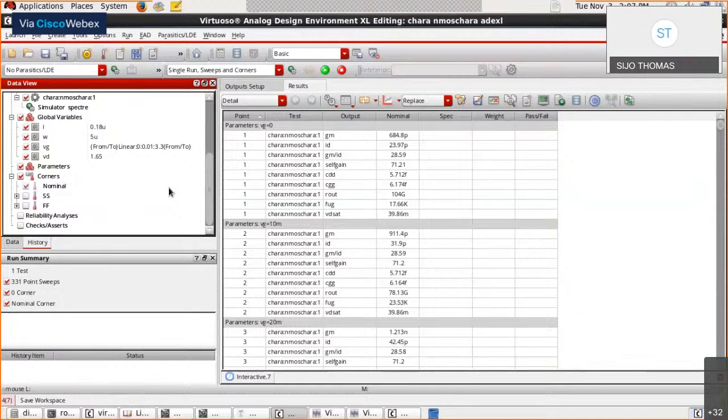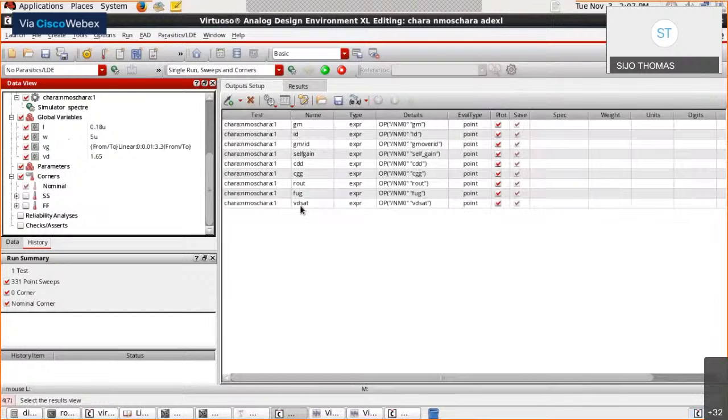So if you look at the output setup, Naveen, can you click on that output setup? Just to the left of results, and on the right top, just next to the result. Yeah, so these are the DC operating point parameters which I am plotting here.